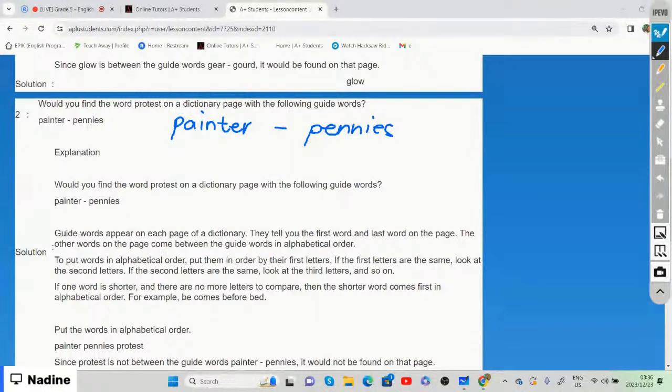They tell you the first word as well as the last word on the page. So if the first word on the page is painter and the last word on that specific page is pennies, now they want to know, would you find the word protest on a dictionary page with the following guide words? Will you find protest on this specific page with painter and pennies on?